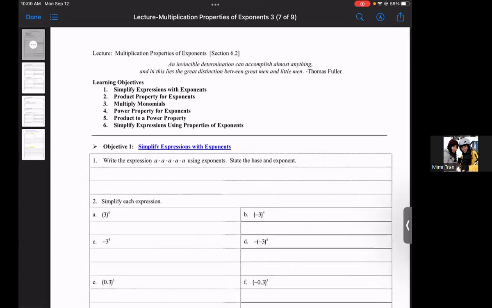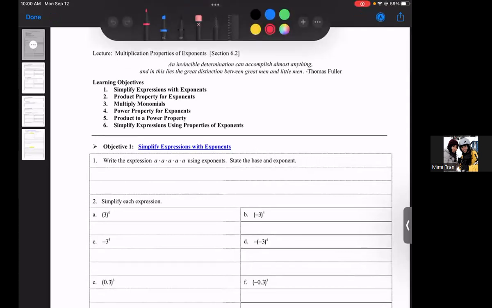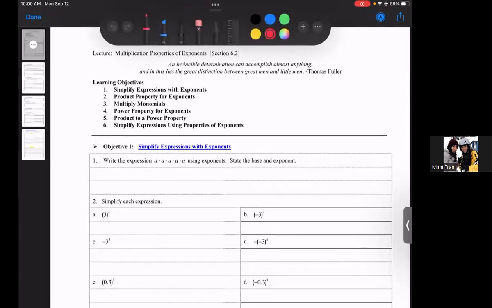And understand it too. So for example, if I want to write the expression a times a times a times a times a, 5 times, this is not an efficient way to do it. I know this is 5 factors. Each of these letters multiplied is 1 factor. So 5 factors.